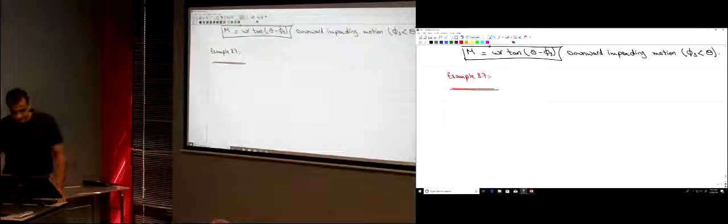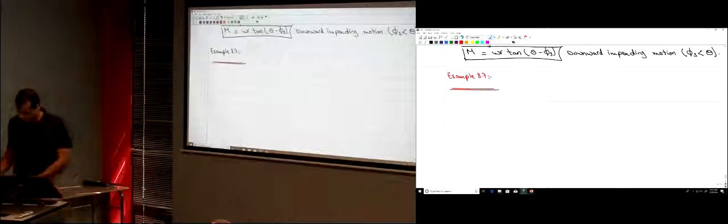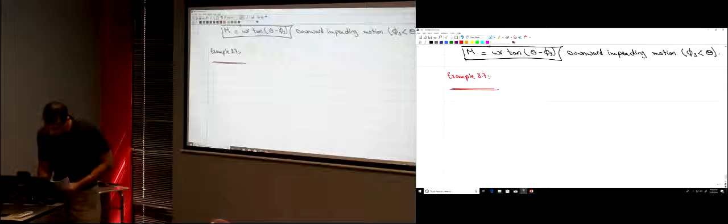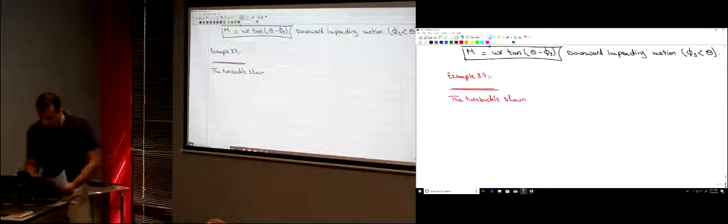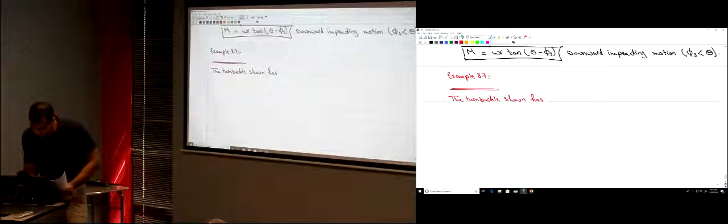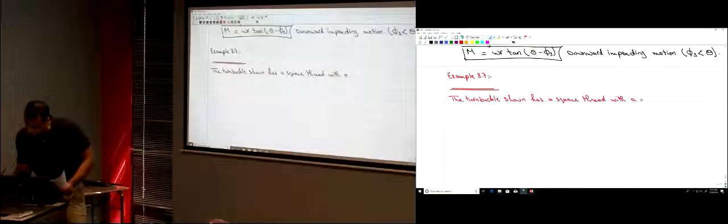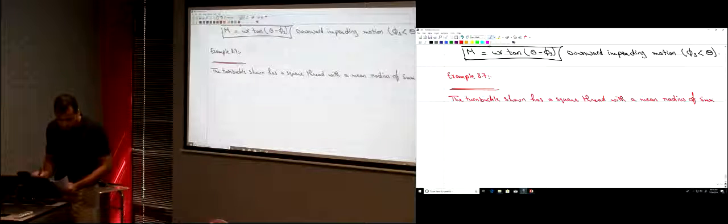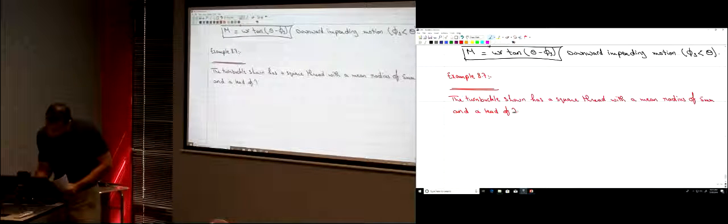In example 8.7, we have the turnbuckle that has square thread with a mean radius of 5 millimeters and a lead of 2 millimeters.